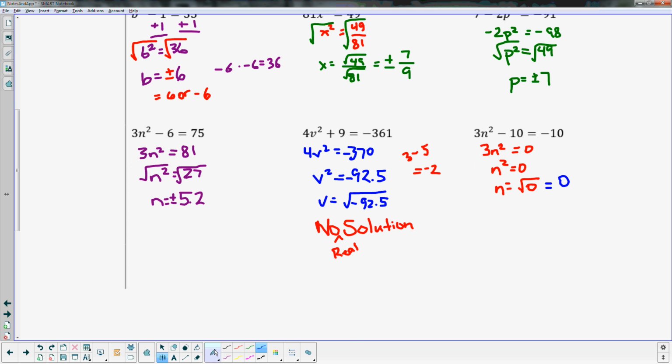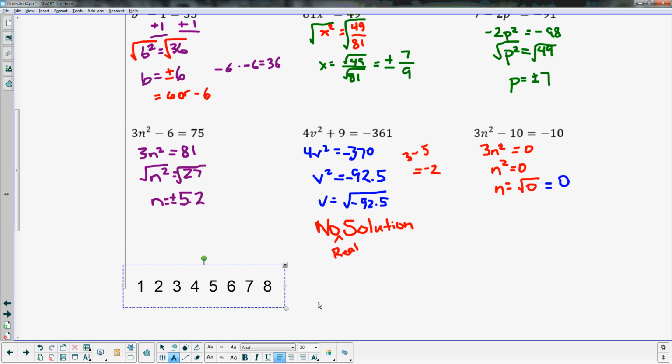The last thing that I'll say is probably helpful to know is a list of perfect squares, or a list of your square numbers. Let's get two lists going here. Let's go to 15.